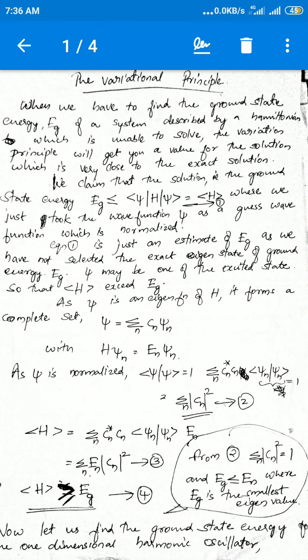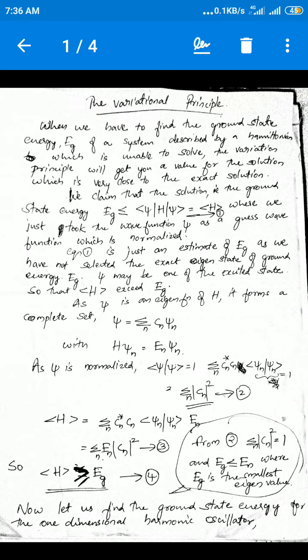So it should be greater than or equal to Eg. It can be equal to Eg or it can be greater than Eg. We find the Hamiltonian expectation in the state psi, where psi is a guessed wave function.